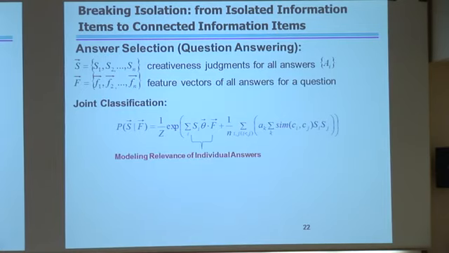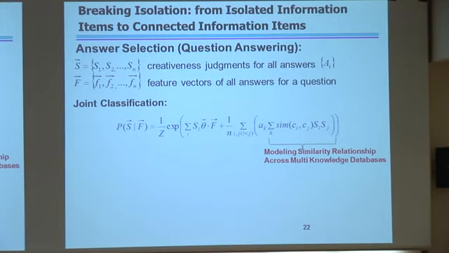As I mentioned, we have 2 components. The first one models the relevance of individual answers. This part tells us how probable an answer is by itself. On the other side, we also consider the relationship between the answer candidates. For example, whether the spelling of these answers is very similar to each other. That's one type of relationship.